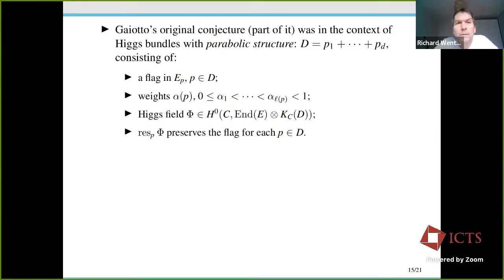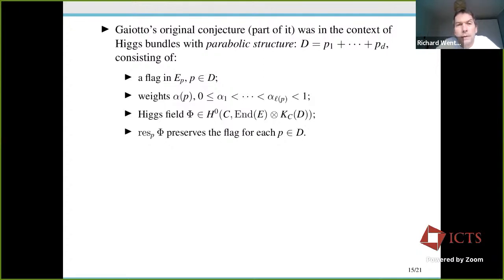All right. So Gaiotto's original conjecture was for what we would call Higgs bundles with parabolic structure, or even wild parabolic structure. So I'm not going to say anything about wild Higgs bundles, just classical parabolic bundles. And so we wanted to generalize, to make real contact with his paper, this theorem for parabolic bundles.